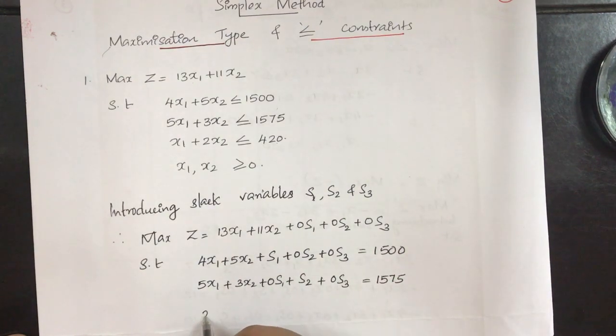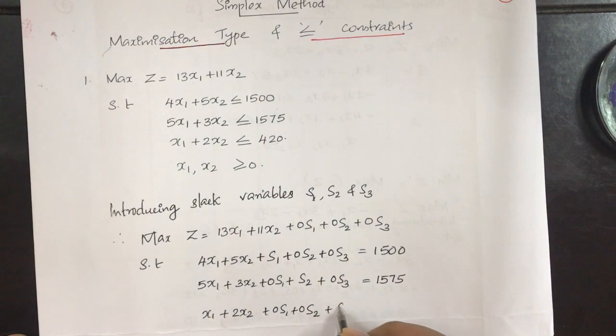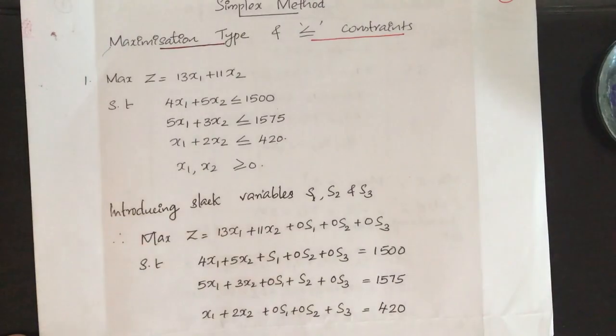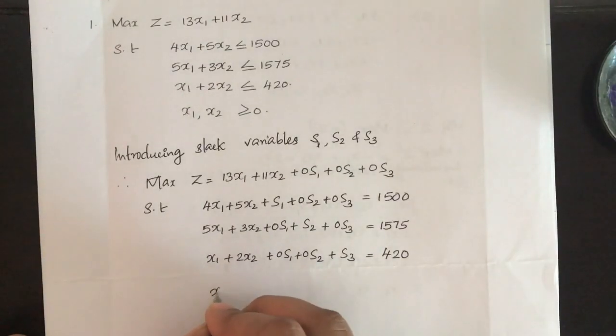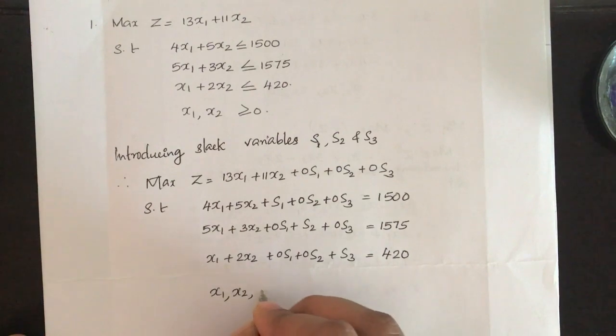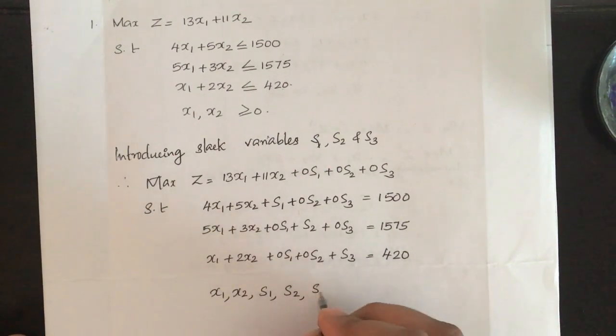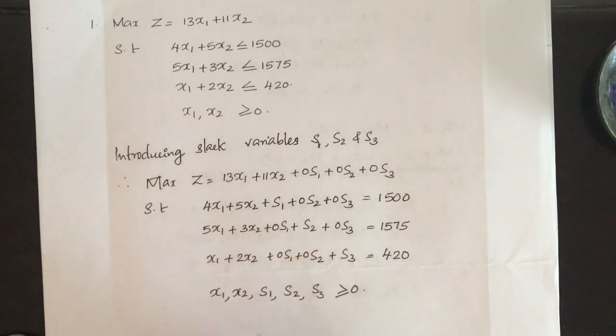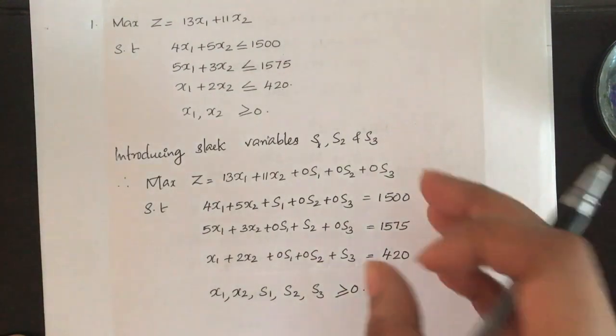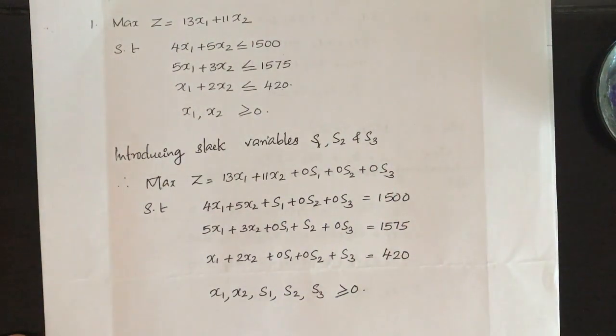The third one becomes x1 plus 2x2 plus 0 s1 plus 0 s2 plus s3 equal to 420, and x1, x2, s1, s2, s3 greater than or equal to 0. This is our new linear programming problem. Now we are going to solve this LPP using the simplex method.